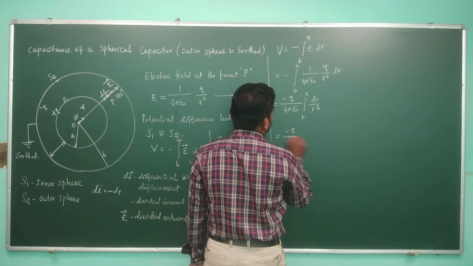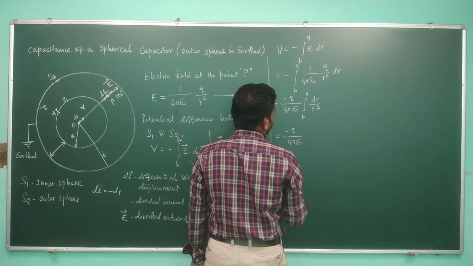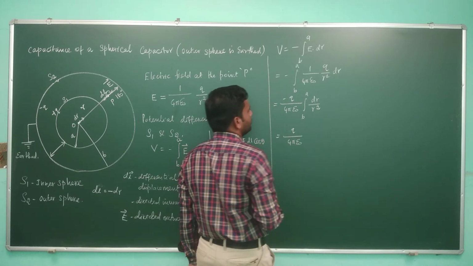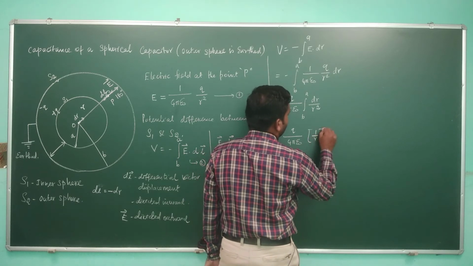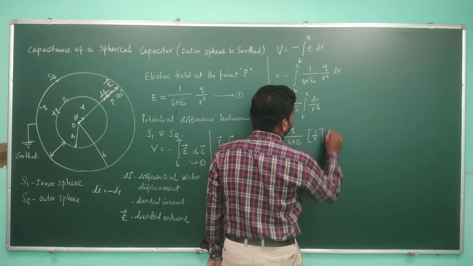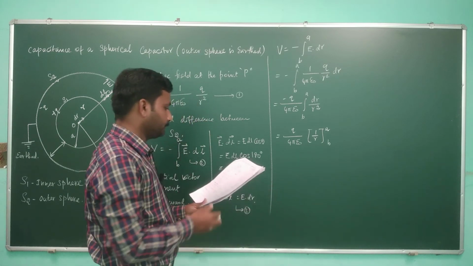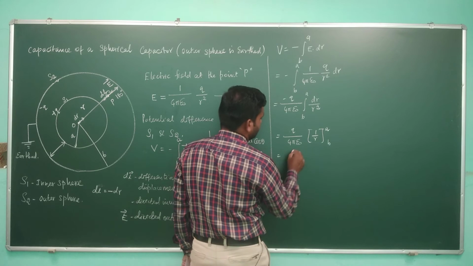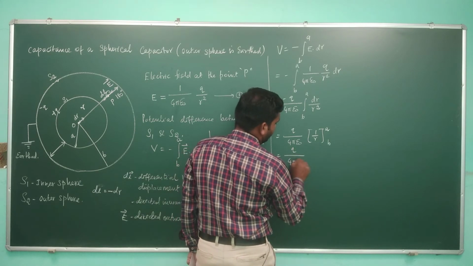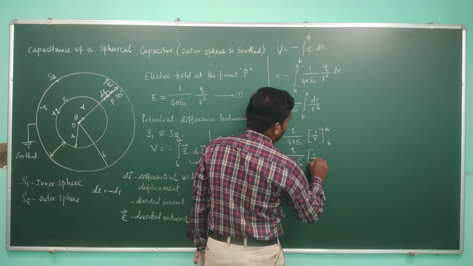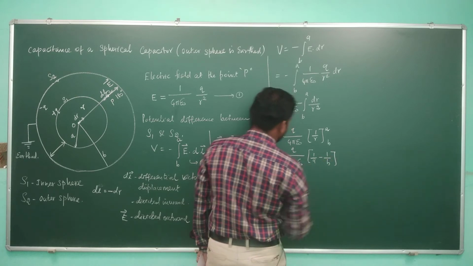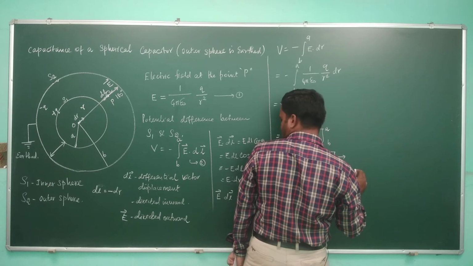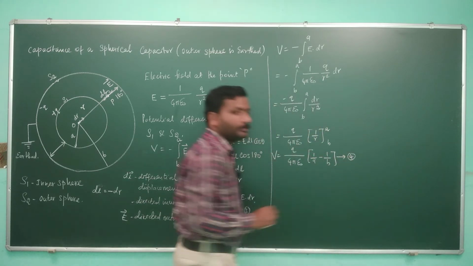You can take minus outside, so that this becomes 1 by r. If you substitute the limits, V is 1 by 4 pi epsilon naught into q into 1 by a minus 1 by b. This is the equation for potential. Let us denote this as equation number 4.